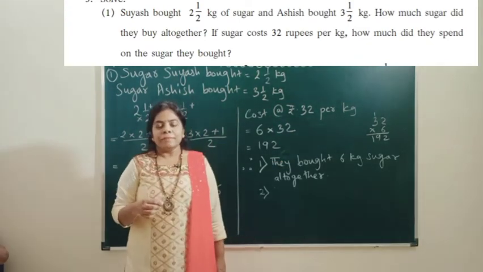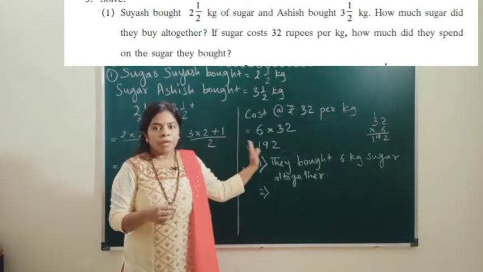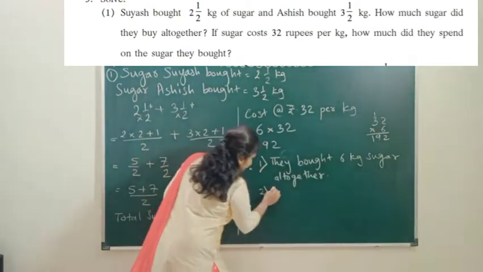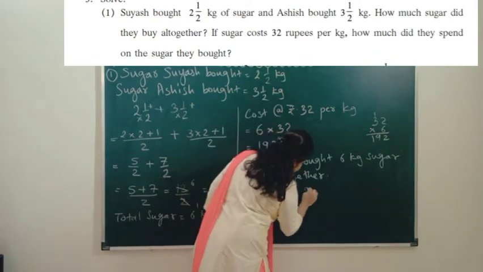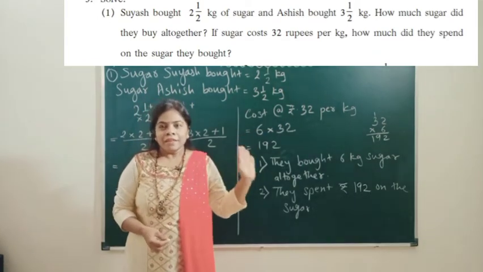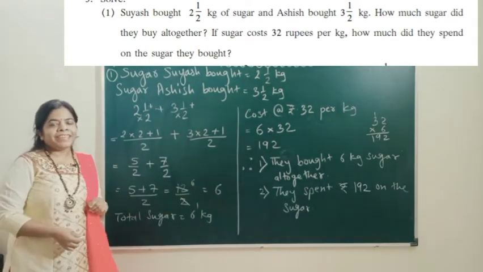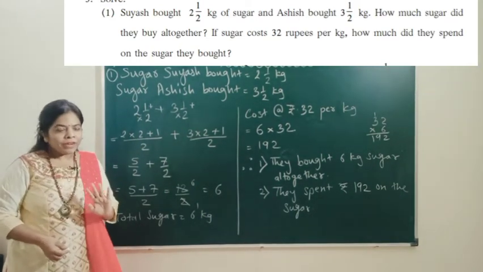And second statement, they spent rupees 192 on the sugar. So children, here we finish our first question, first word problem. See it carefully. It is not difficult.